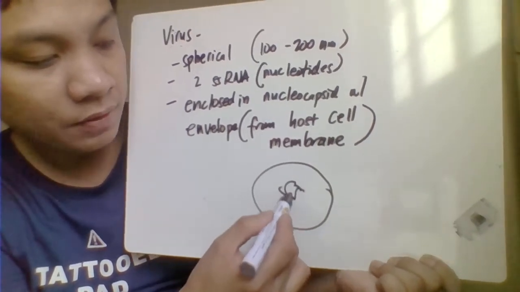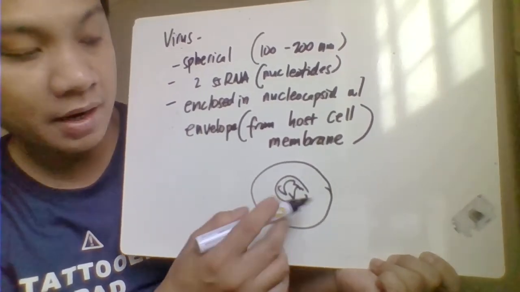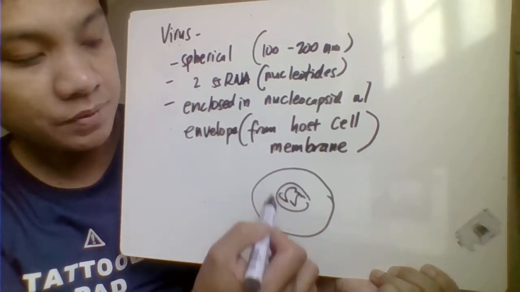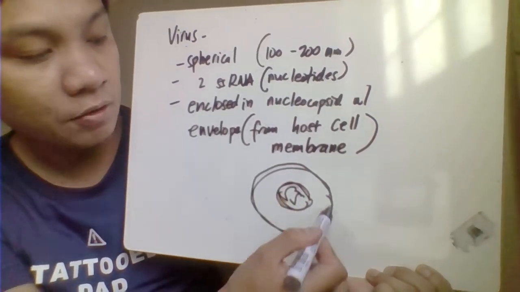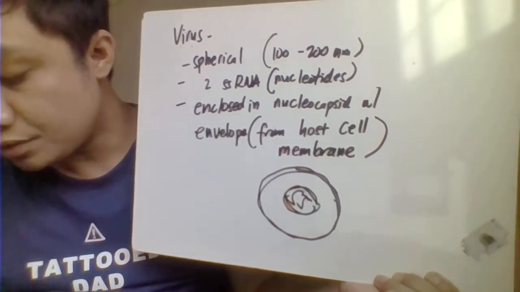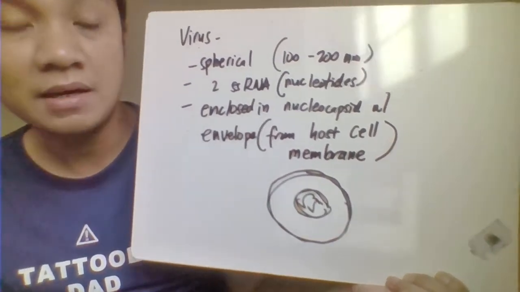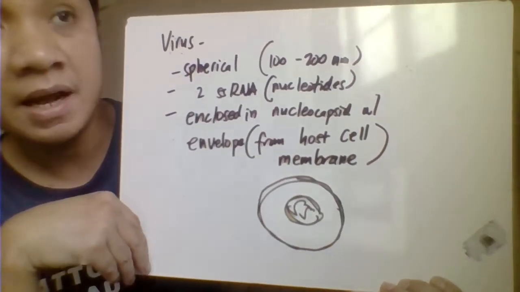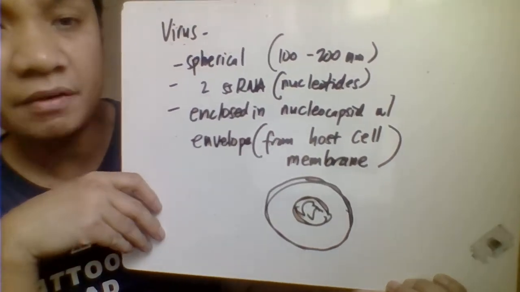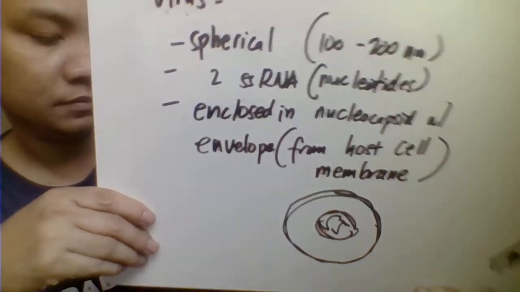At the middle portion, we have the single-stranded RNA, enclosed by a nucleocapsid. Plus, it also has an outer structure in the form of the envelope. This is an enveloped virus, and the envelope actually came from the cell membrane of the infected cell.